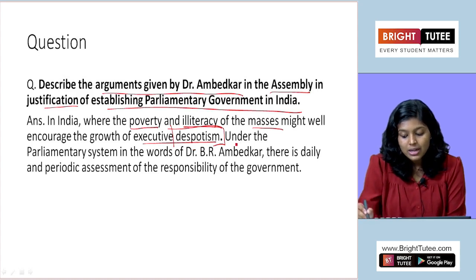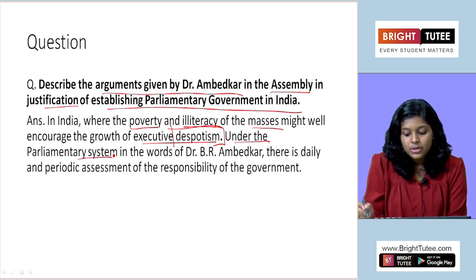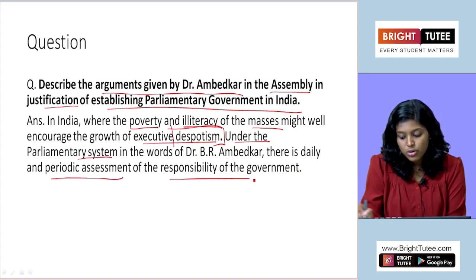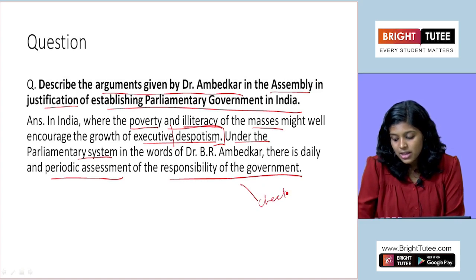So under the parliamentary system, there is a periodic assessment of the responsibility of the government, or checks and balances on the power of government.